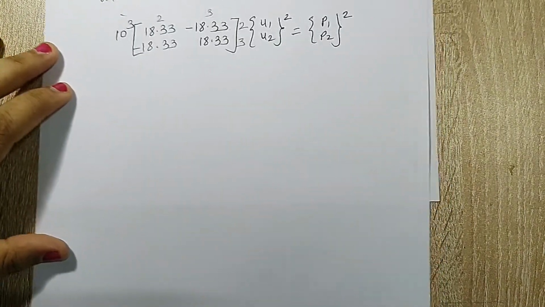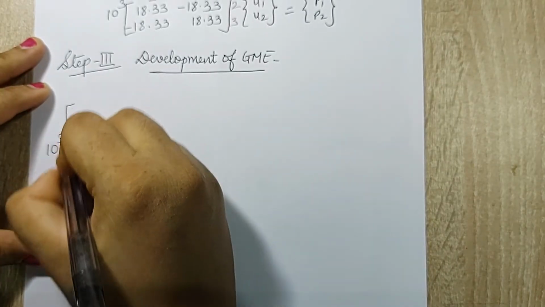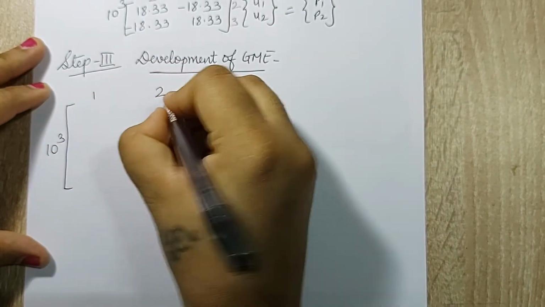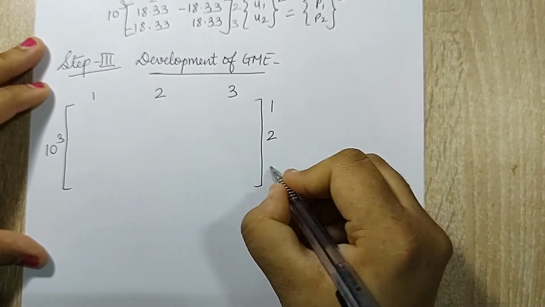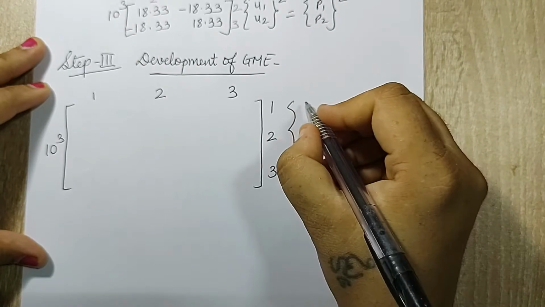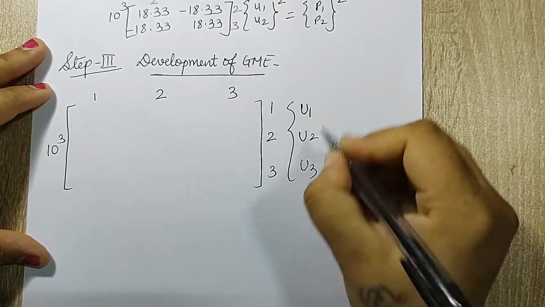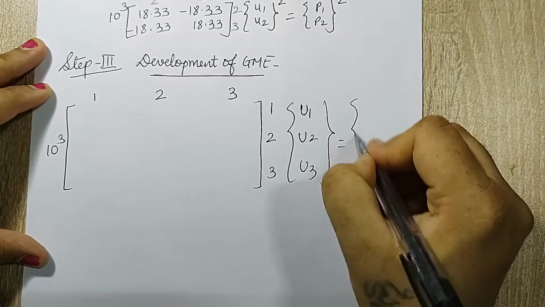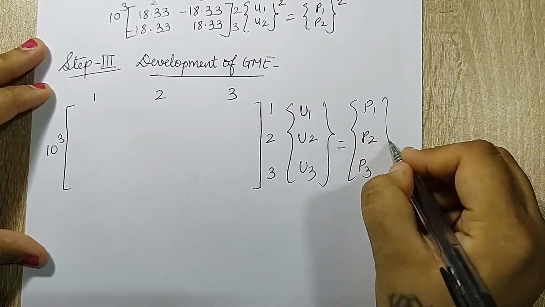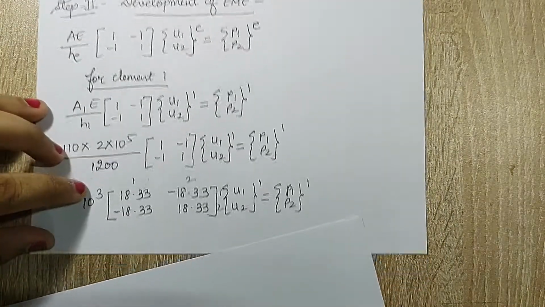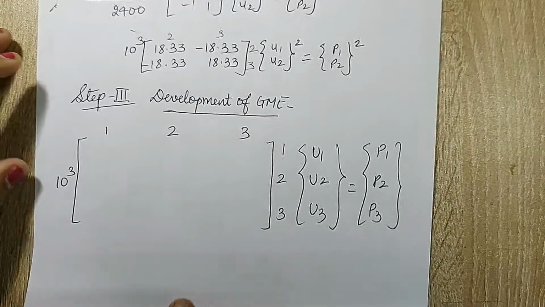Next I'll go for step 3, that is development of GME. I have a 10 raised to 3 common. I have 1, 2, 3 and 1, 2, 3 because there are maximum 3 nodes, U1, U2, U3, P1, P2, P3. I'll start with element 1. Between 1, 2, it is 18.33.